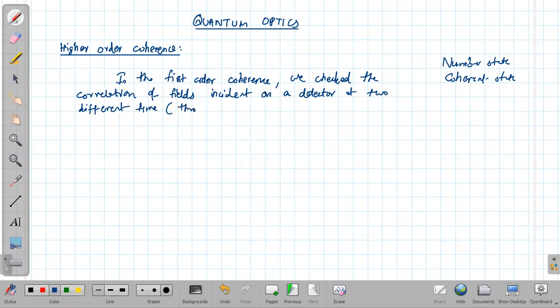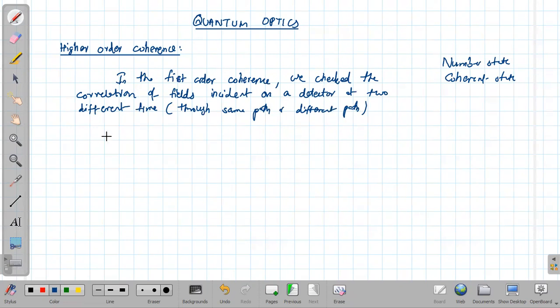It can be through the same path or a different path. It need not be the same path, because in Young's double slit it is through different paths.